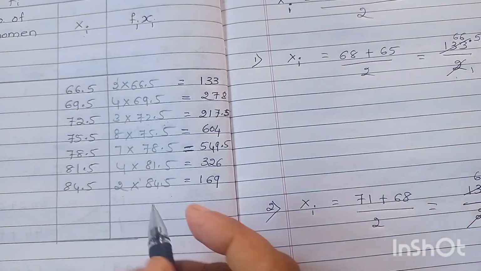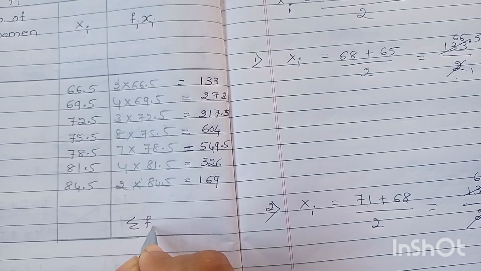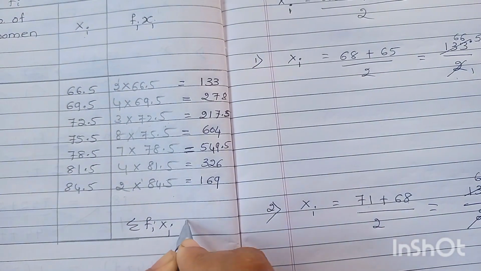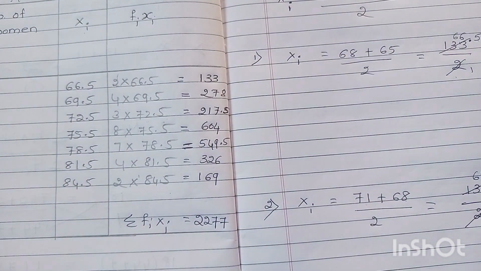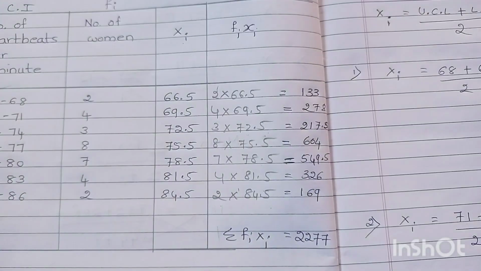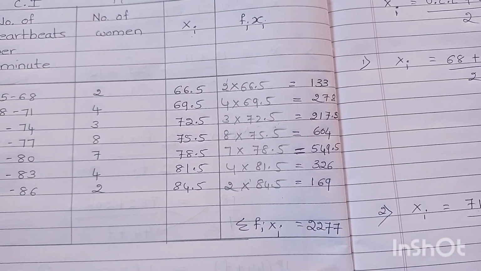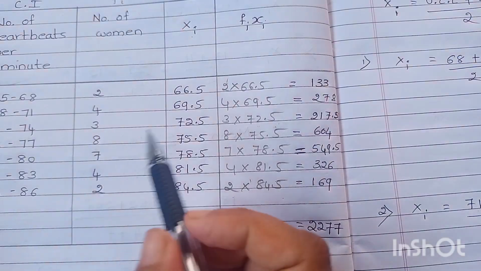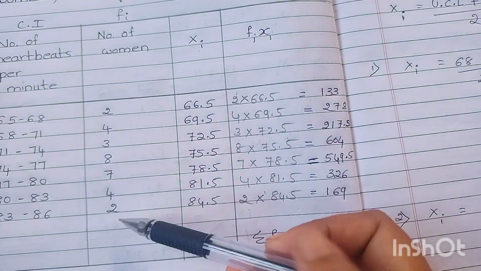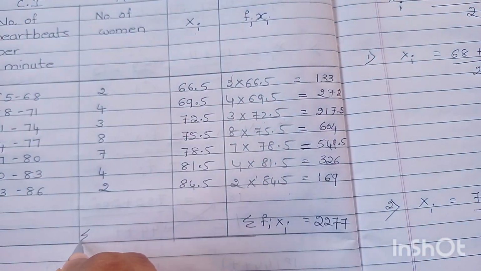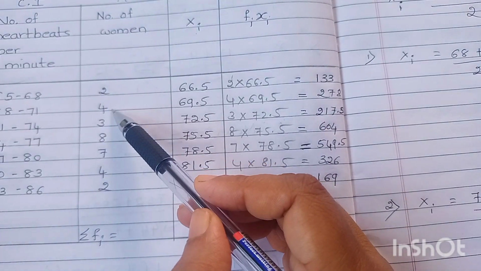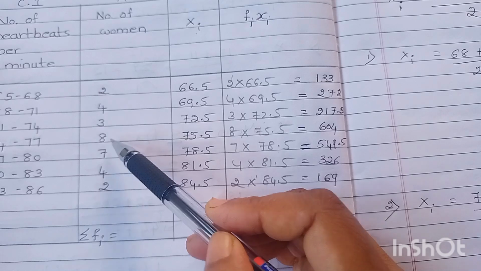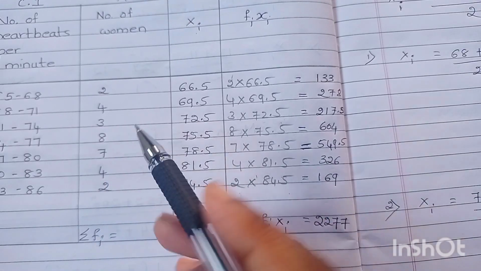Let me write here: sum of Fi into Xi is 2277. Now we have to find out sum of Fi. See here, this is our Fi table and we have to find the sum of Fi. That is 2 plus 4 plus 3 plus 8 plus 7 plus 4 plus 2. That is 30.